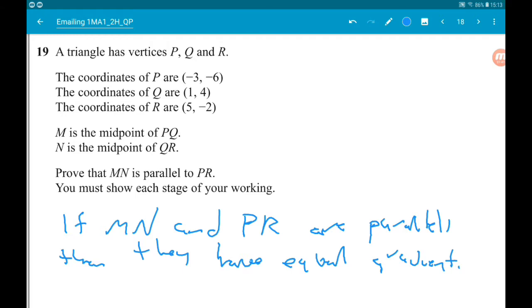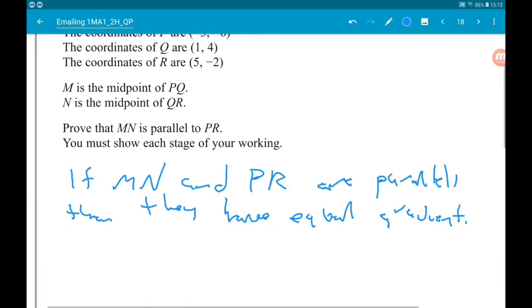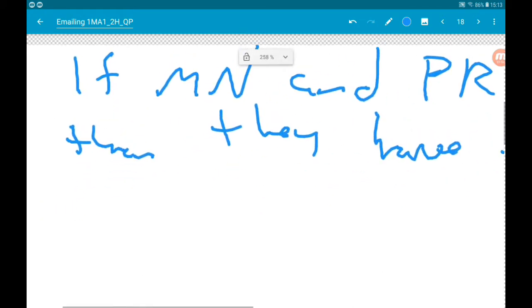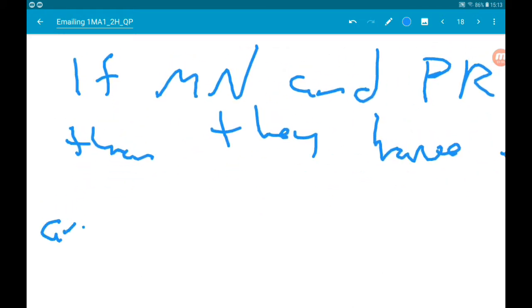Okay, so we can find the gradient of PR quite nicely. Now gradient is difference in y over difference in x.